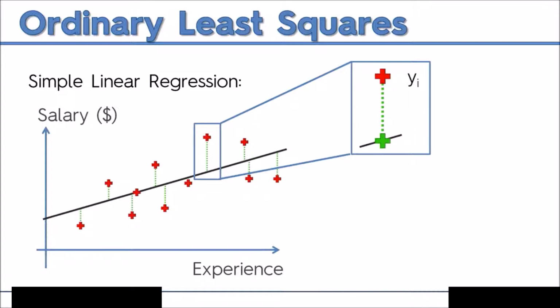Now the red cross is called Yi, so Y with the subscript i, and that is the actual observation. The green cross is called Yi hat, and that is the modeled observation, or the modeled value. So basically, with that level of experience, where does the model predict that he would be earning?